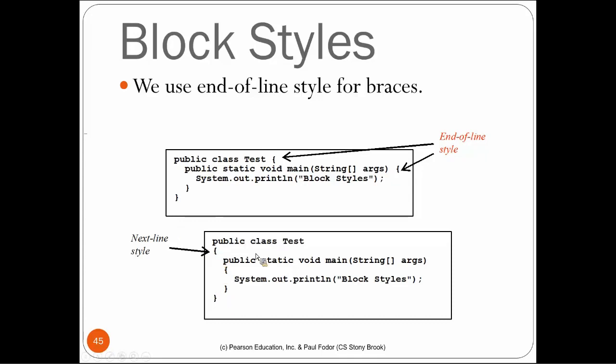The next line style is a style where you align the end of the block with the original beginning of the block. It was and still is a style used by programmers, especially from C, to define methods that can be traced easily, basically where is the beginning and where is the end of the block.